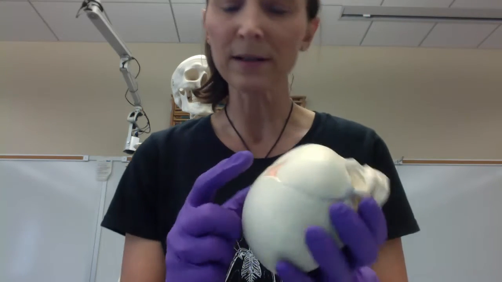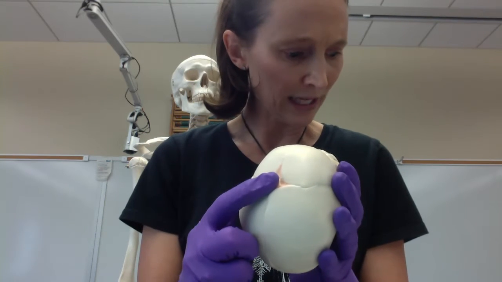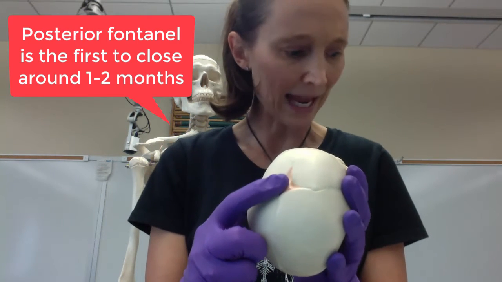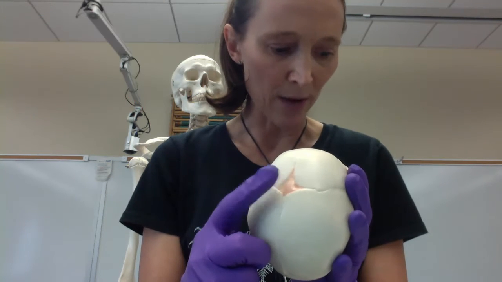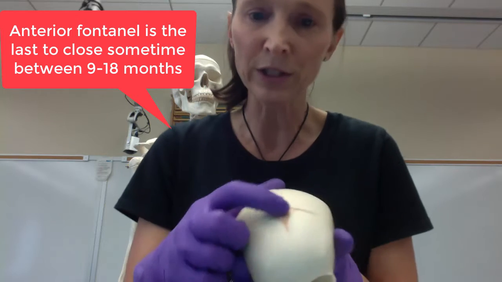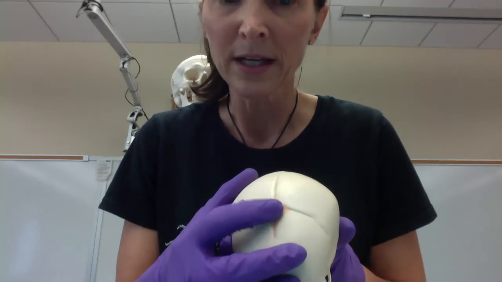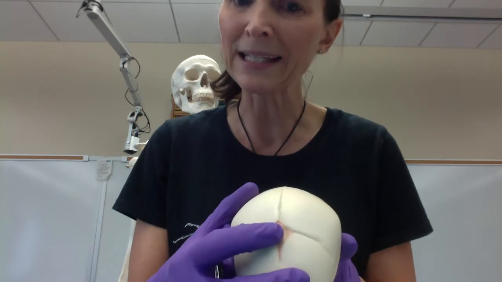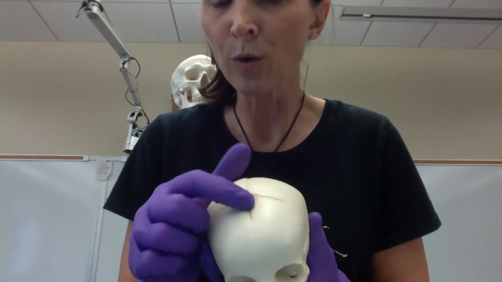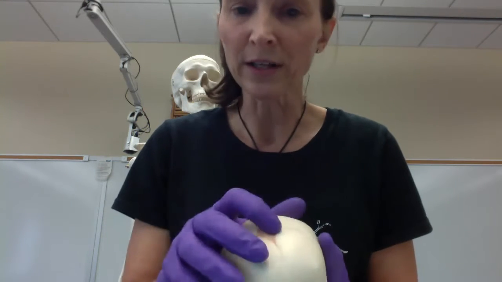So these fontanelles are going to close, and usually by about 6 to 8 months in age, they will start to close. And the last one to close is the anterior fontanelle. That's why we call it the soft spot. And so really by 18 months, your fontanelles are all closed.